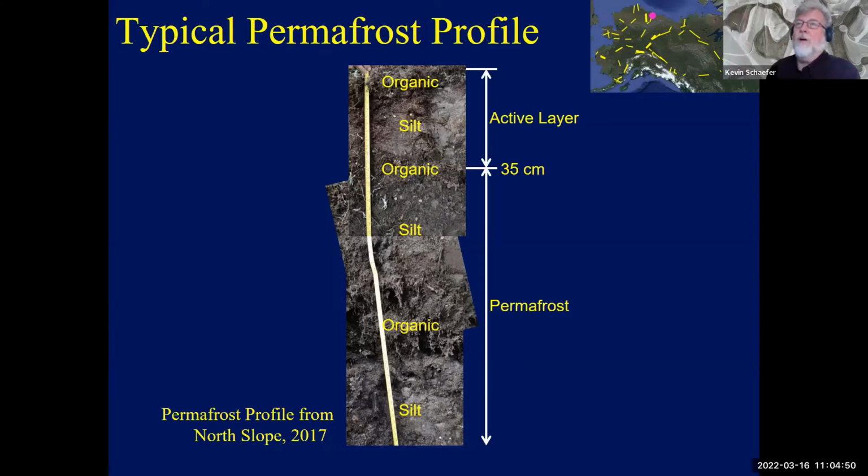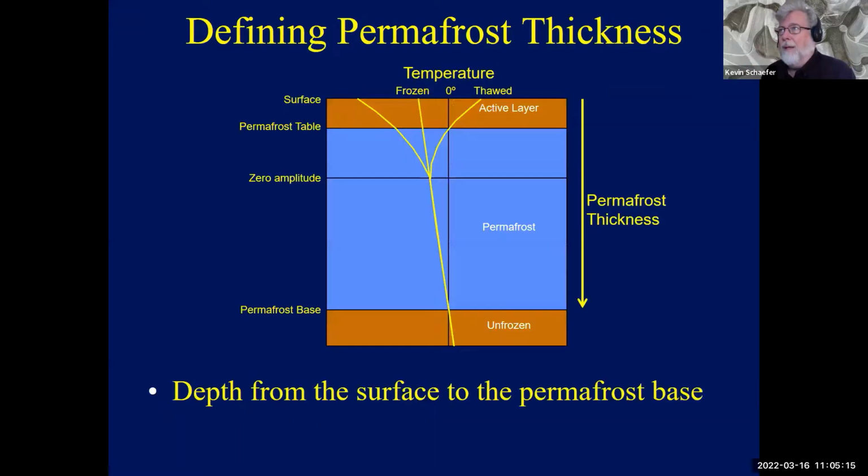This particular column is kind of like an alternating organic layer and silt layer, organic silt. It turns out this particular area underwent episodic flooding, and every time there was a huge flood, it put a layer of silt down, and then the plants would regrow again, and it would result in this alternating layer. But this is kind of a typical profile, just to give you some background.